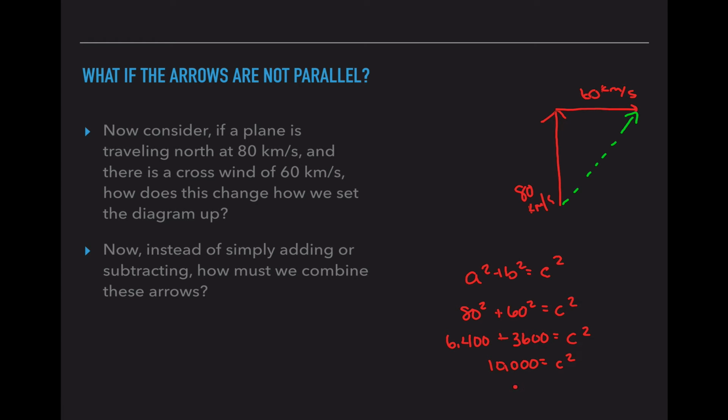When we square root both sides, c is 100 kilometers per second. So even though we're traveling 80 kilometers per second, that crosswind allows us to travel a faster speed because we're no longer going in a straight northward line. We're now traveling northeastern based on this diagram over here.